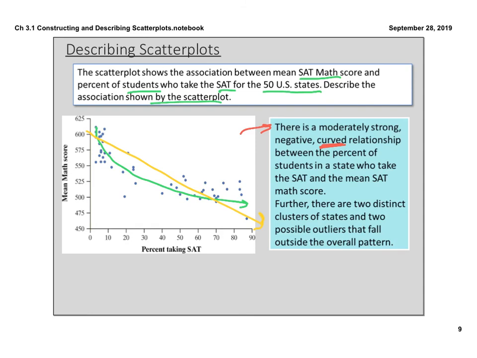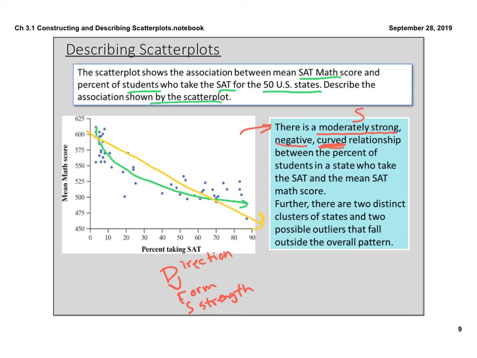Okay, so let's talk about DUFS for a second. This was direction, this was form, and this was strength. So look at this phrase right here. Moderately strong, there's your strength. Negative, there's your direction. Curved, there's your form.